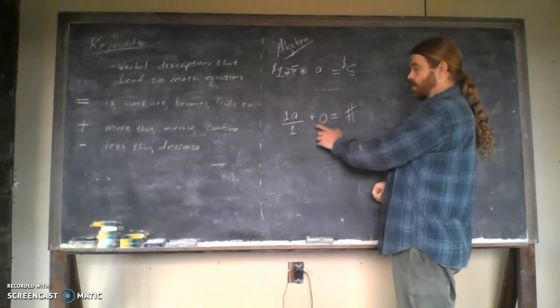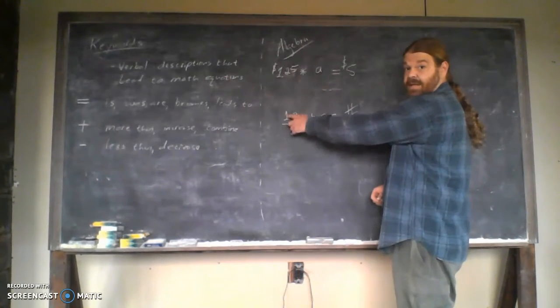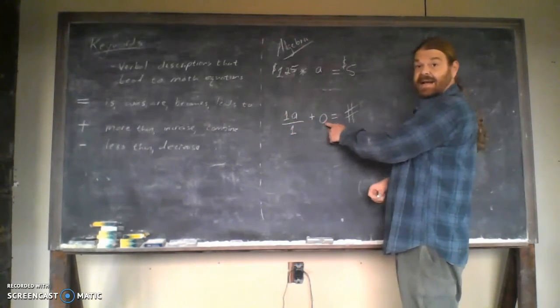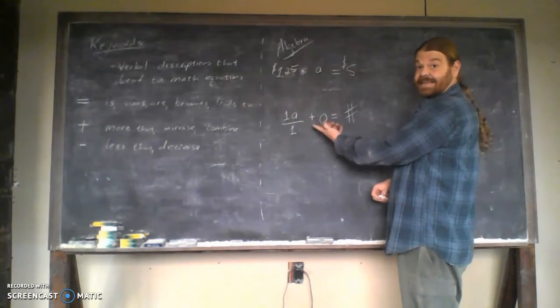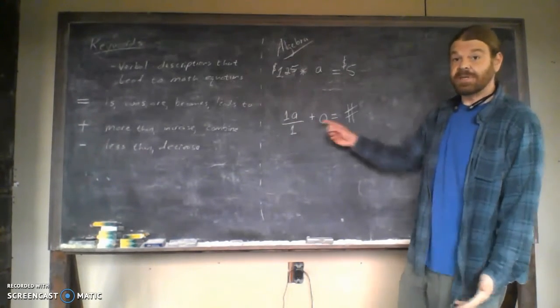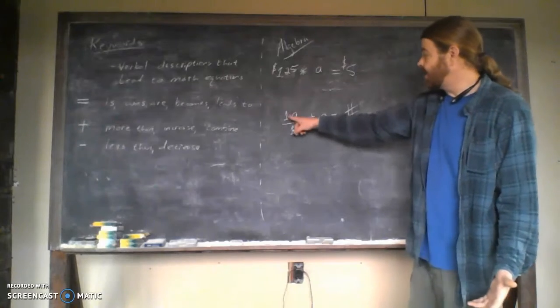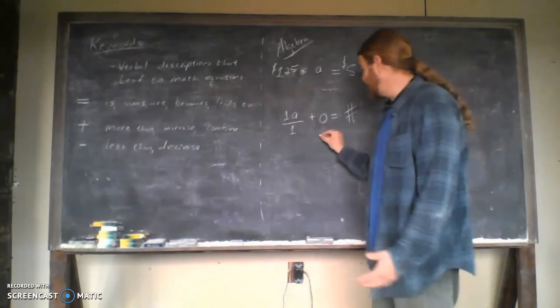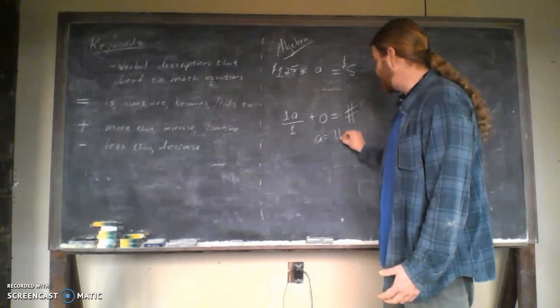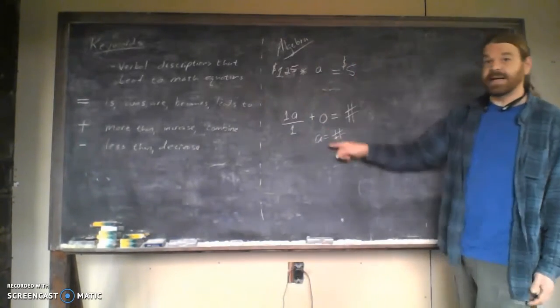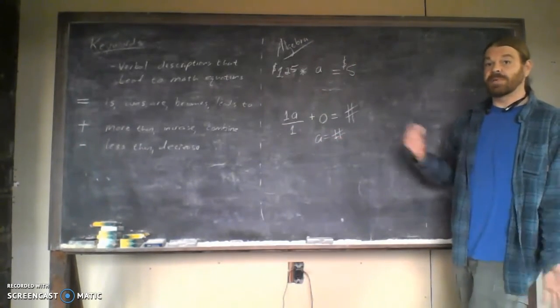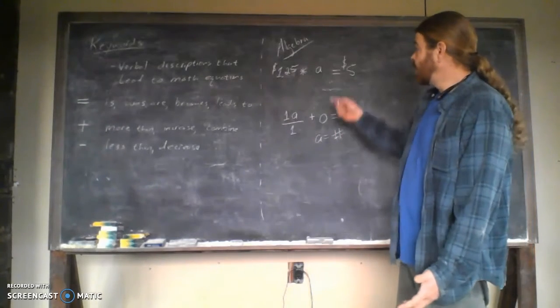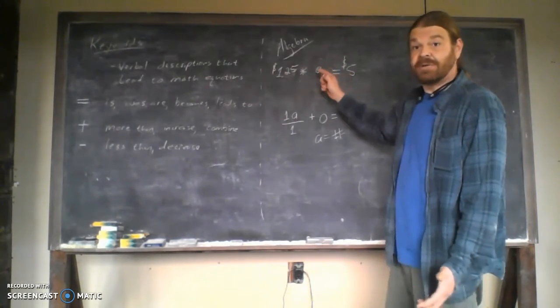We had the multiplicative identity, the thing that doesn't change anything. The additive identity doesn't change anything. The ones that don't change anything, we don't have to write. So if we ignore these multiply or divide by 1s and add 0, we just get A equals that number. So we always want to get it down to this form. And we just have to do whatever, we do the opposite operation of what we have.